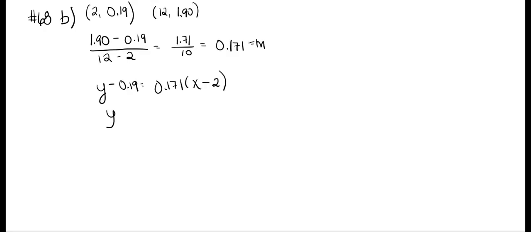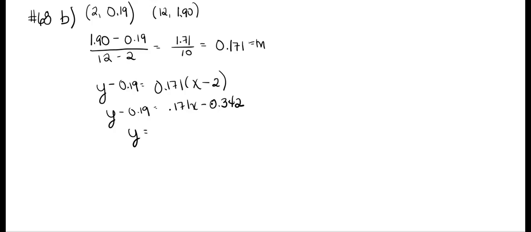And then I can distribute, and I get 0.171x minus 0.342, because I doubled 0.171. And then I'm going to add 0.19 to both sides.